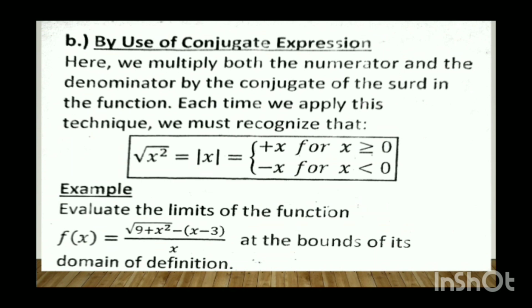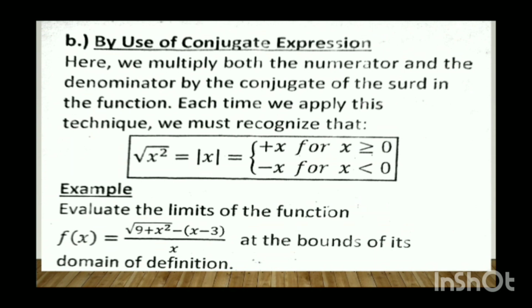Each time we apply this technique, we must recognize that the square root of x squared is equal to the absolute value of x. So the square root of x squared is not equal to x, but rather it is equal to the absolute value of x, which must be positive.